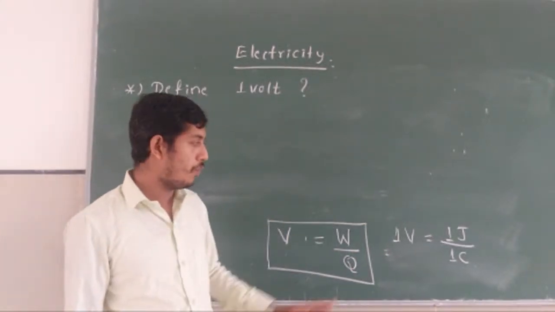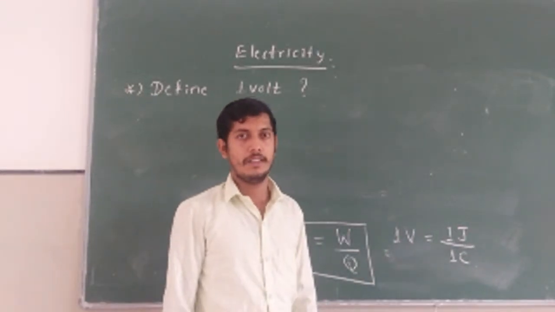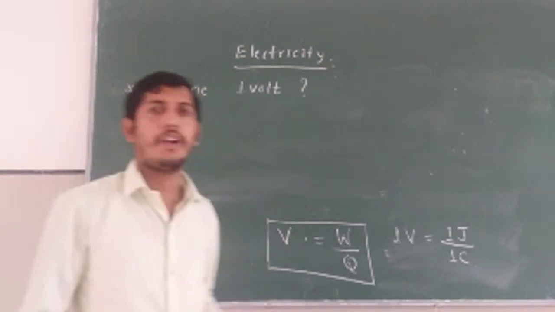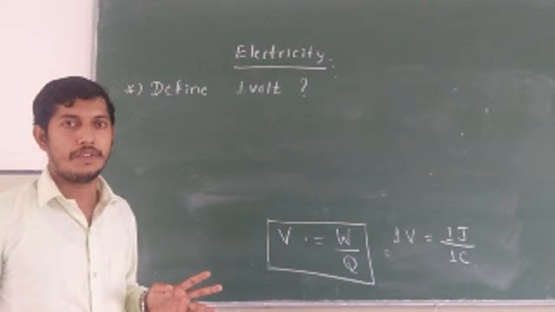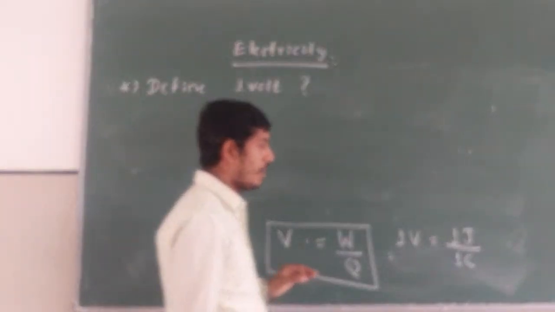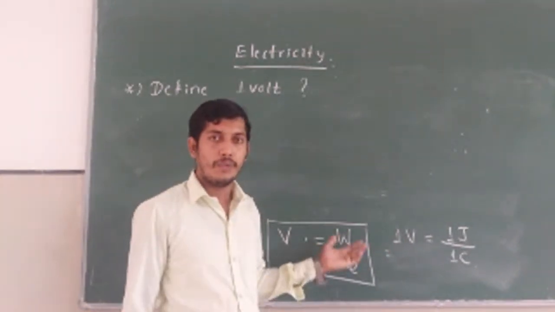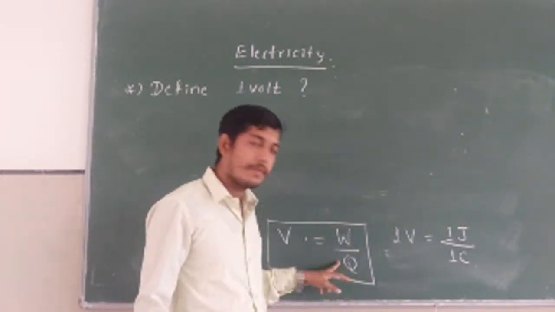So now 1 volt means 1 joule per 1 coulomb. We have to frame one definition for it. What is meant by 1 volt of potential difference? So 1 volt of potential difference is when 1 joule of work is done to move a unit charge, a single charge.